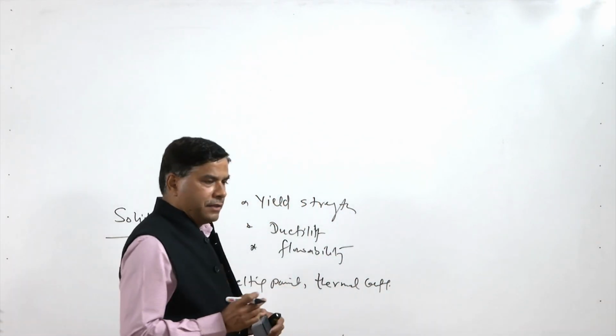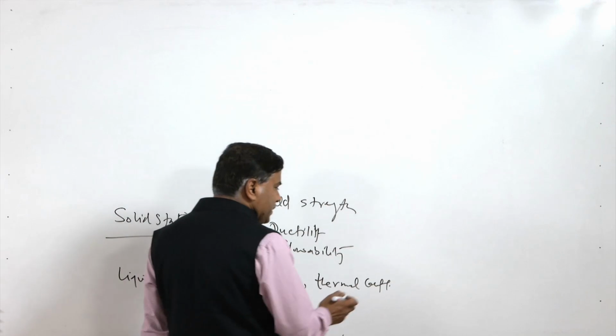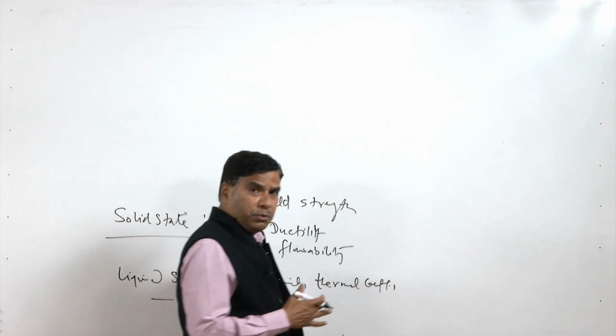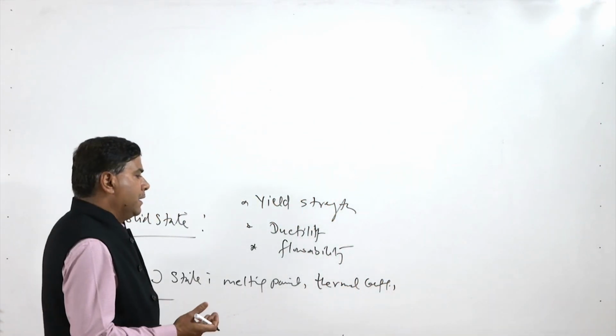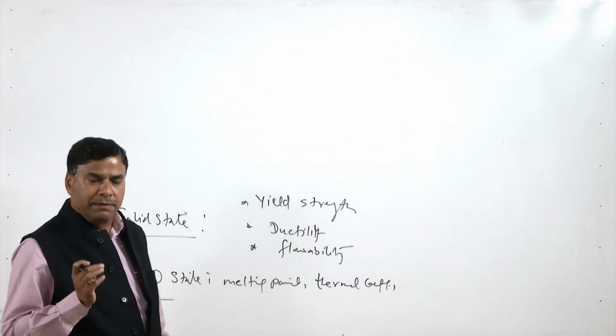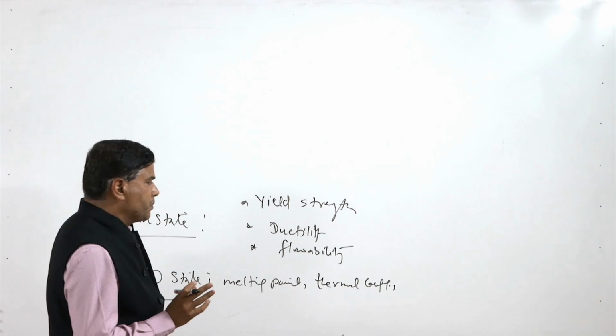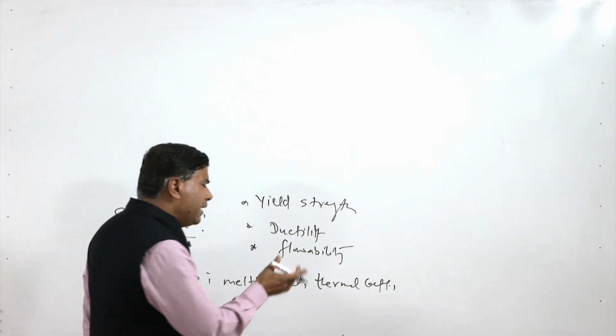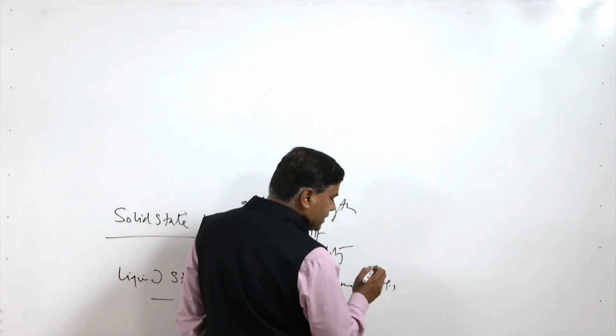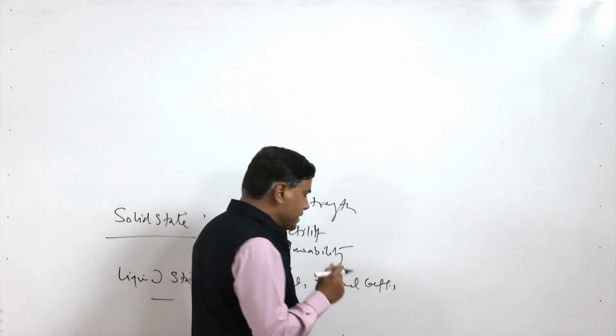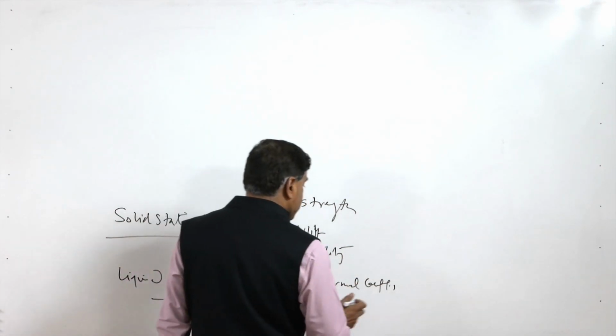Then thermal expansion coefficient: we need to see that the faying surfaces which are being heated do not expand much, otherwise there will be more expansion of the region near the faying surfaces which have been brought to the molten state, and that will increase the tendency for distortion as well as residual stresses.